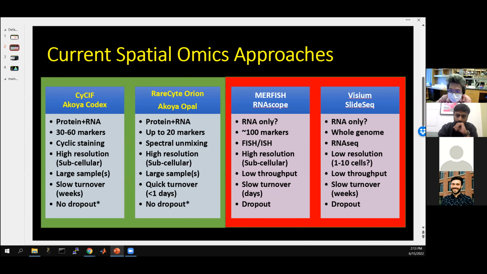So that's something to keep in mind. But the last point, I don't know if it's interesting to you as well, but for us, we also think about this a lot, because although we can only image 30 to 60 markers in general, for each marker in each cell, we don't have the problem of drop off.